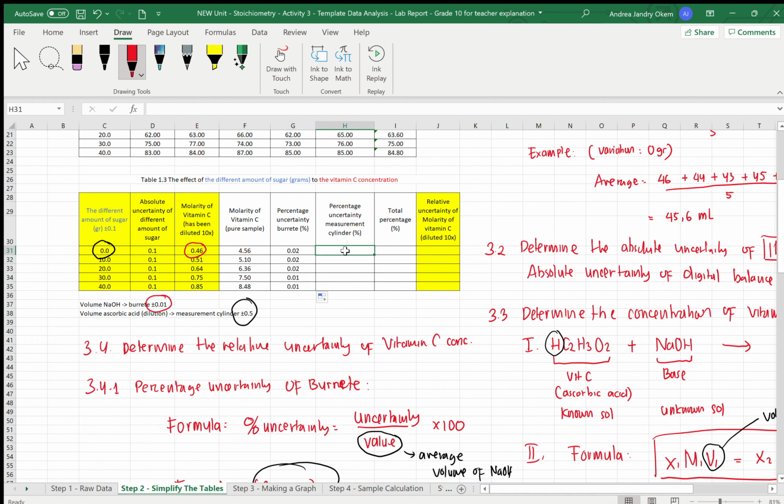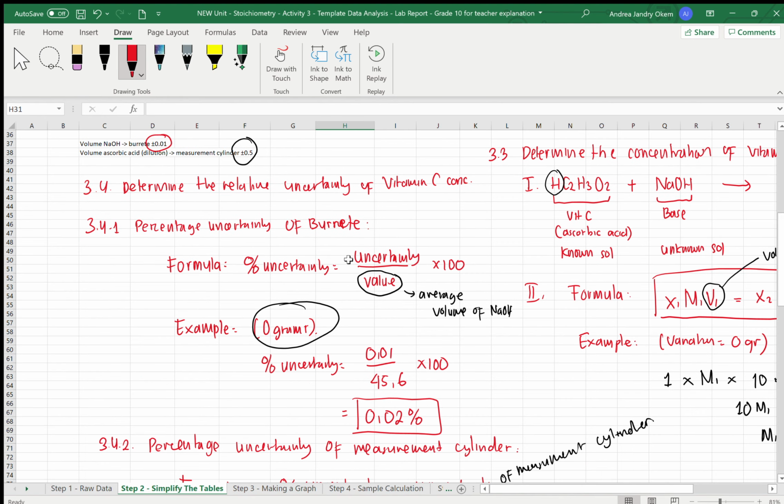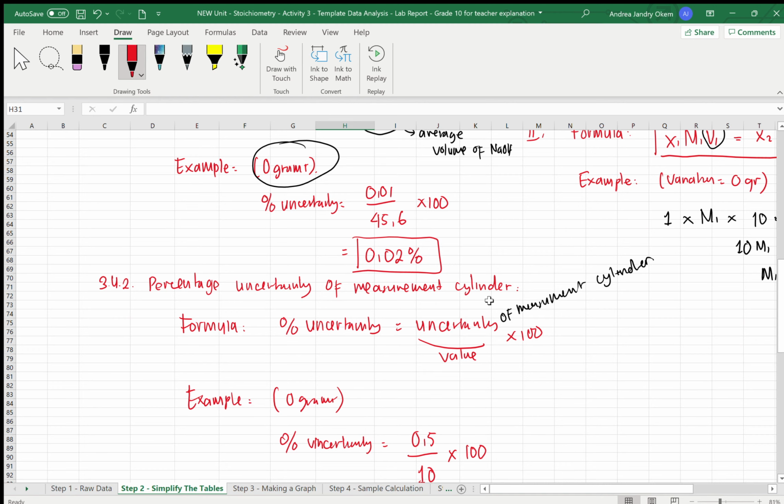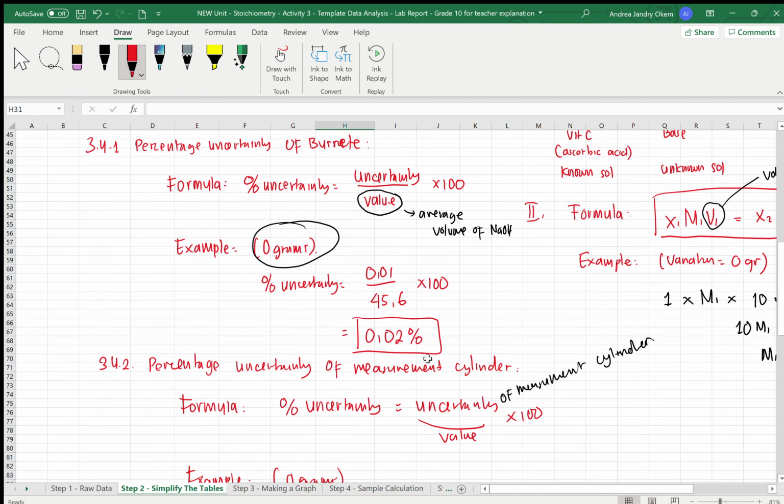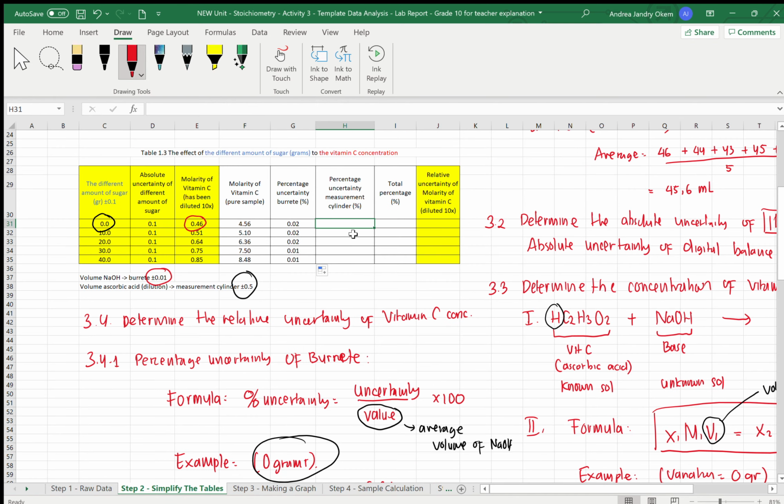Next, we want to find the percentage uncertainty of our second measurement tool, which is the measurement cylinder. So we just go back, and the uncertainty of the measurement cylinder is the formula over the value. Now, in this investigation, the sample that we use is 10 milliliters.